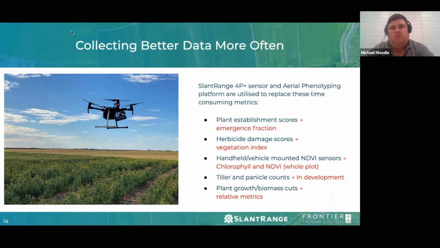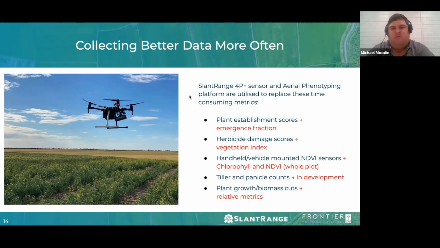Quite often we're collecting those scores or those counts just to confirm that we've got an even establishment off the trial. We're not usually using them as a metric per se. So we think we can save a lot of manpower and time with that data to confirm that all the plots were sown evenly and there wasn't a rogue plot in there.